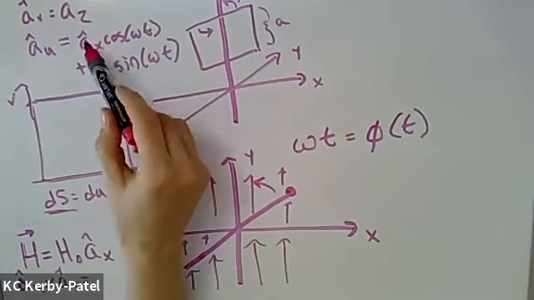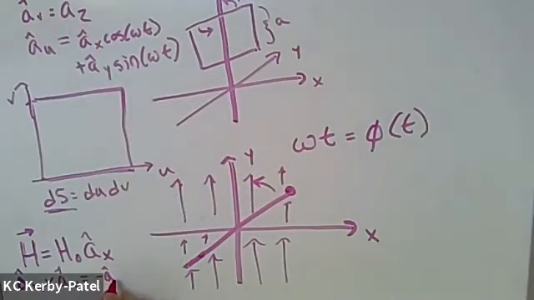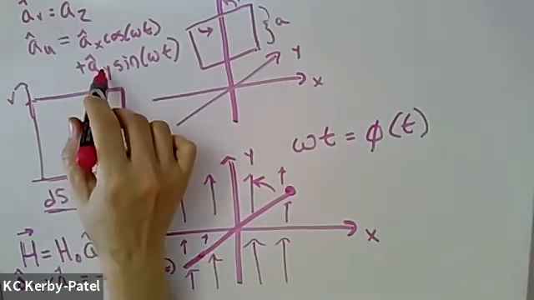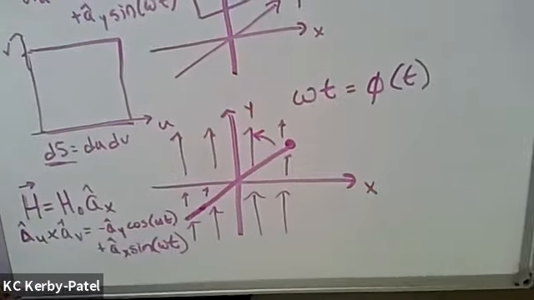So that would be a hat x cross a hat z, which is going to be minus a hat y cosine of omega t, and a hat y cross a hat z is going to be plus a hat x sine of omega t. Sorry, you can't see it down there in the corner.